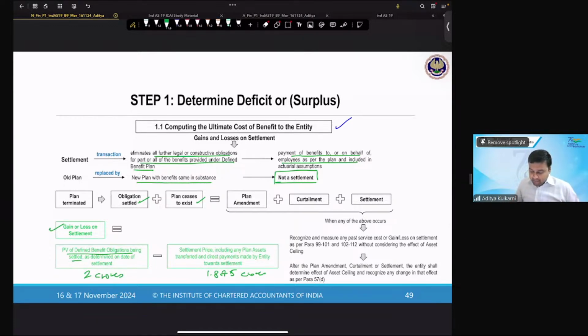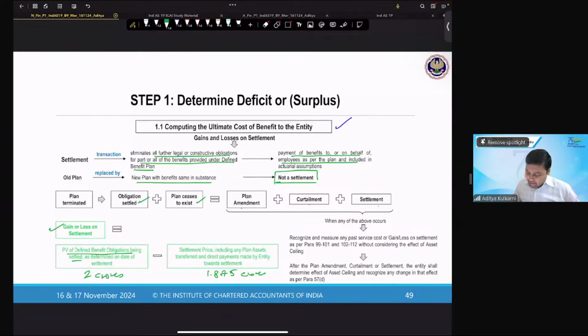Okay, so plan amendment plus curtailment plus settlement. When any of the above occurs, either amendment or curtailment or settlement. In that question, all the three happened. There was a plan amendment also, because of which there came a past service cost. There was a curtailment and settlement also.